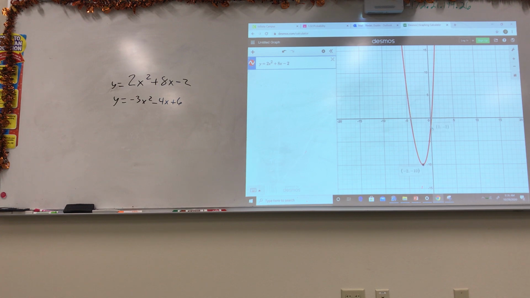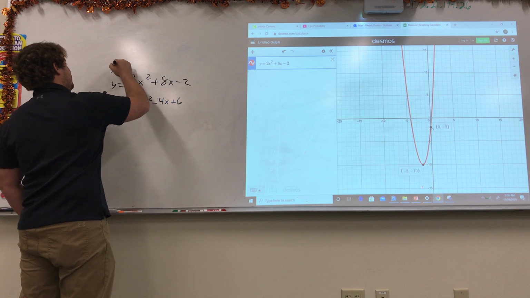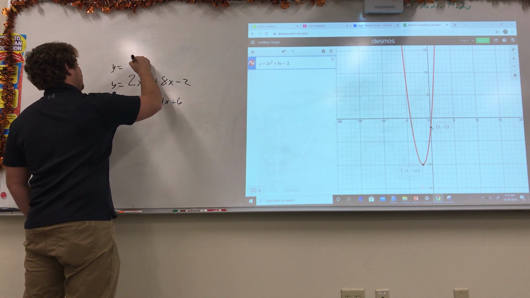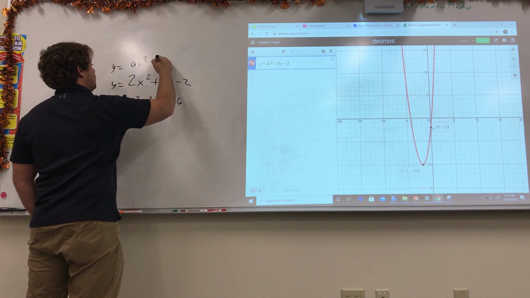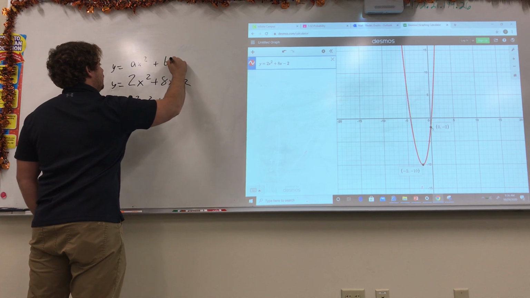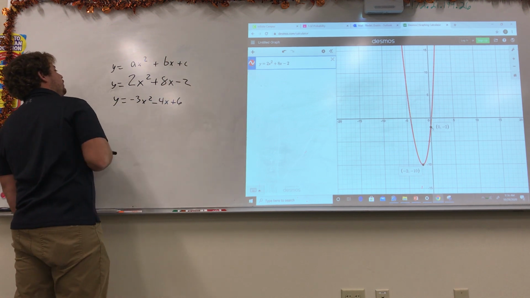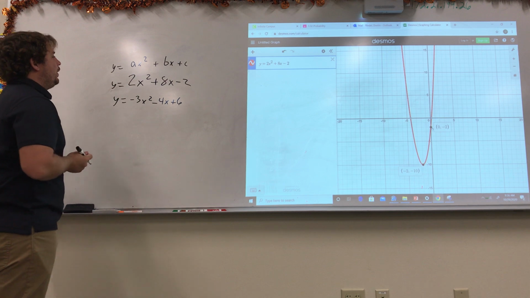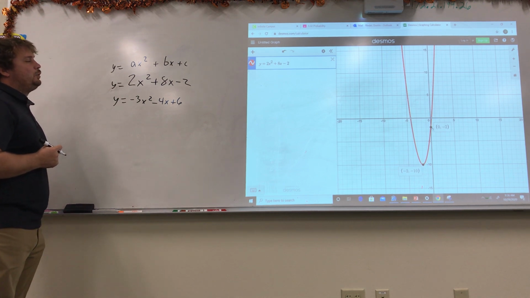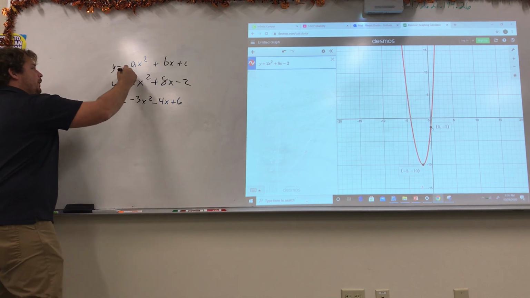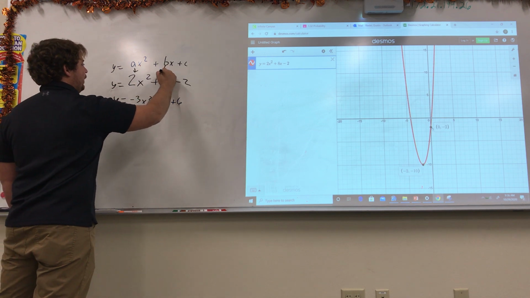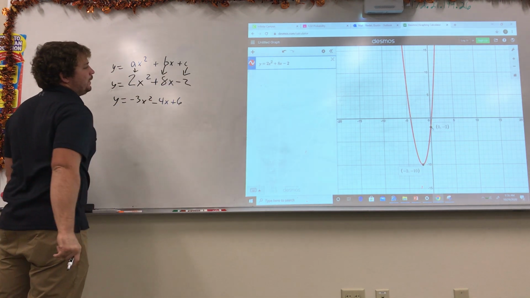Now the thing we're really going to talk about today is that this equation is using variables for your a, b, c. So my a value would be this, my b value would be this, and my c value would be this.